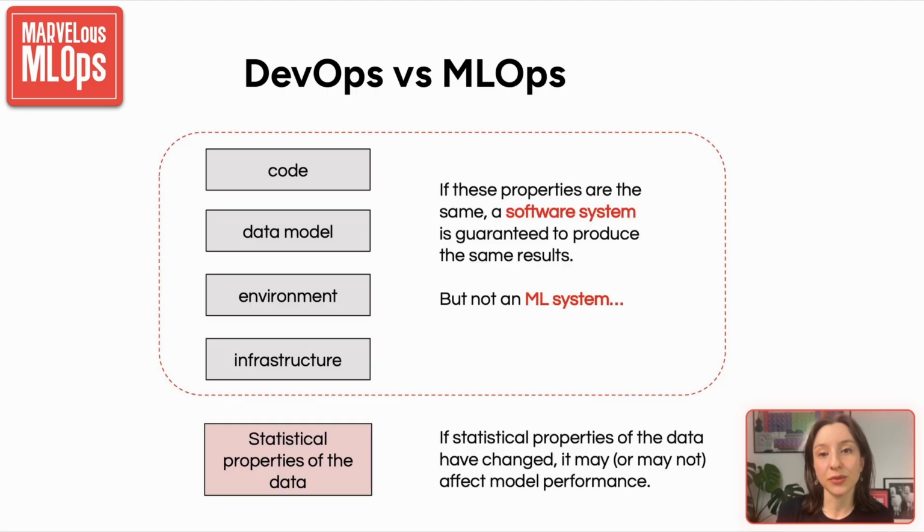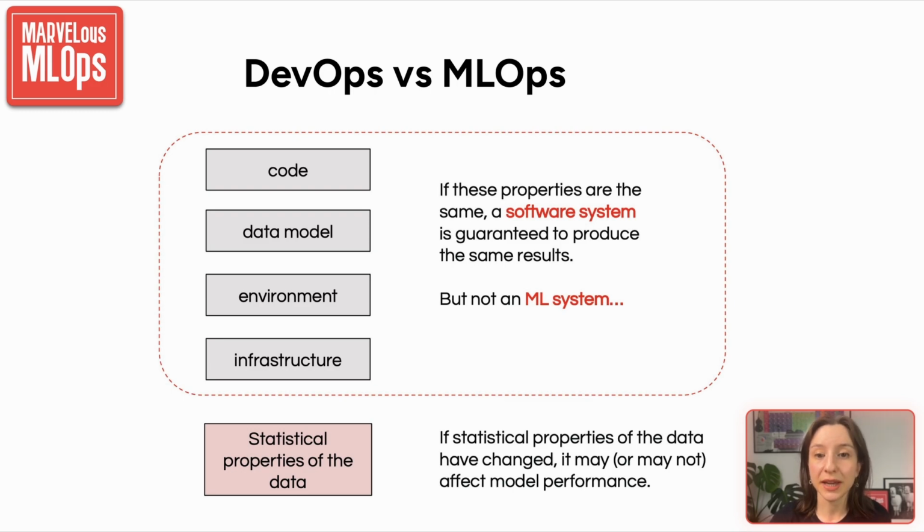In traditional software systems, if you keep everything the same, the code, the model, environment, infrastructure, you can expect exactly the same behavior every time. It is predictable and deterministic. But in machine learning systems, it's different. Even if all those components remain unchanged, your model's performance can degrade and behave differently. Why? Because ML systems are heavily influenced by statistical properties of data flowing through them.